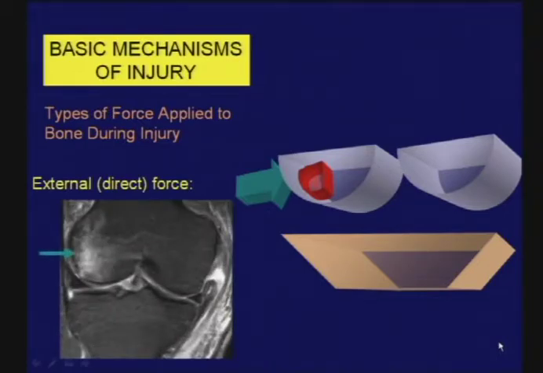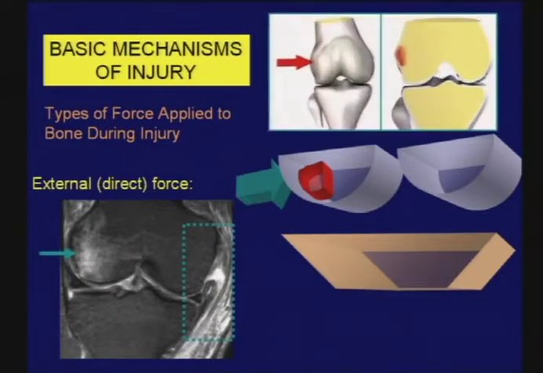We'll look at this case. We see the blue arrow to indicate exactly where the force was. That is compression. The marrow edema here, yes, it goes down to the subchondral bone, but it is more prominent away from the subchondral bone. This is going to lead to a valgus injury, compression on this side, and tensile injury on the medial side, with changes in the medial supporting structure that Minnie will talk about.